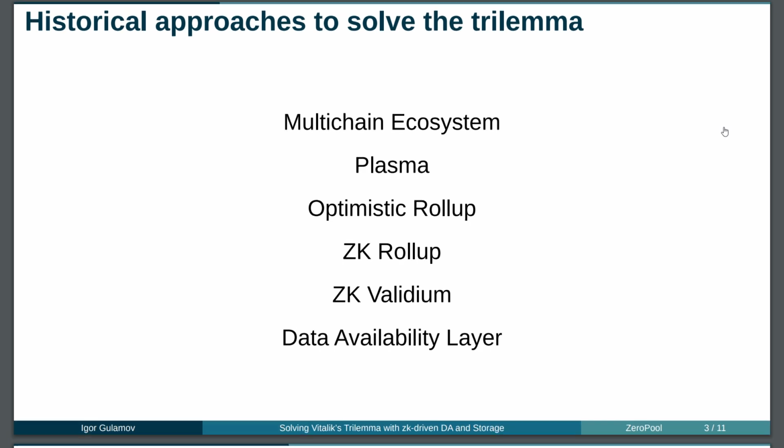And another parallel solution is Plasma. Plasma provided high throughput and very early data availability, like things based on game theory.